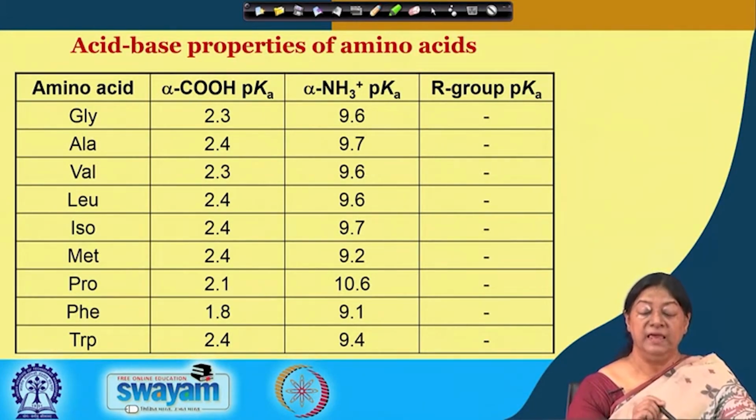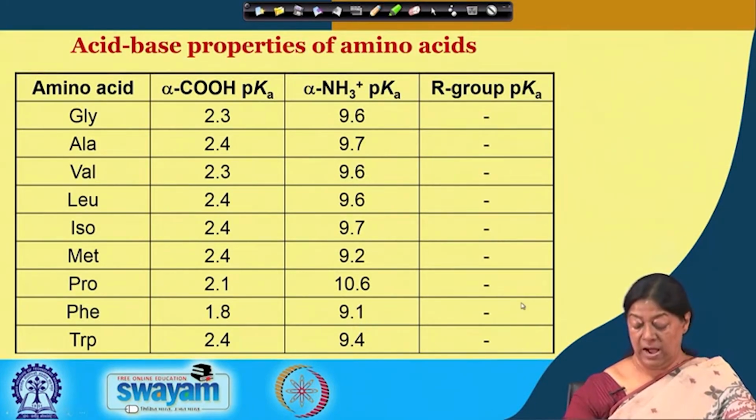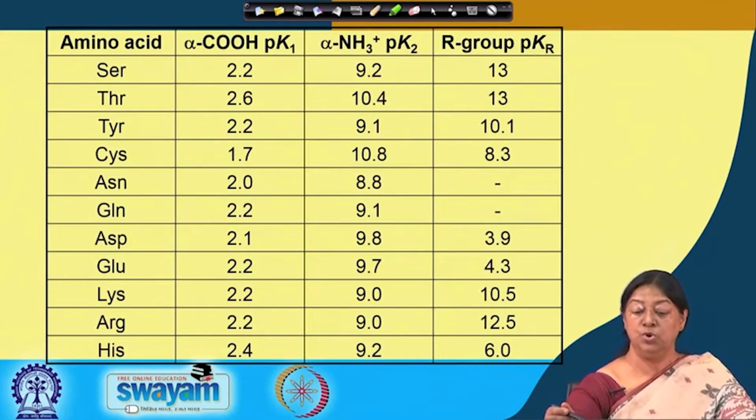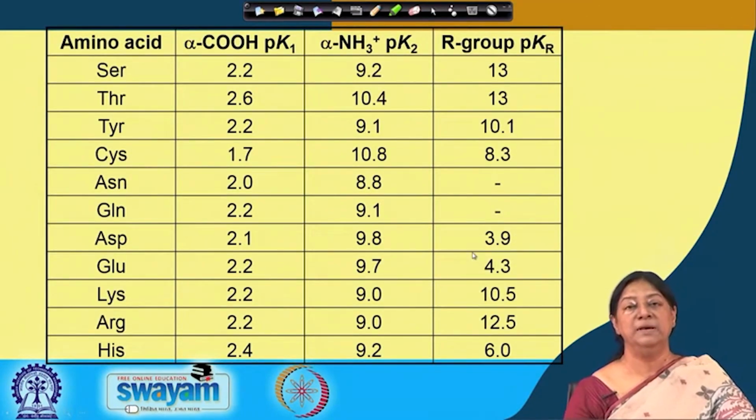But it may so happen that the R group also has a pKa associated with it. What do we mean by this?